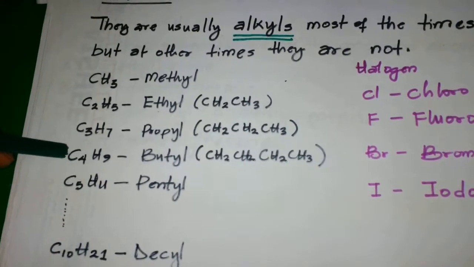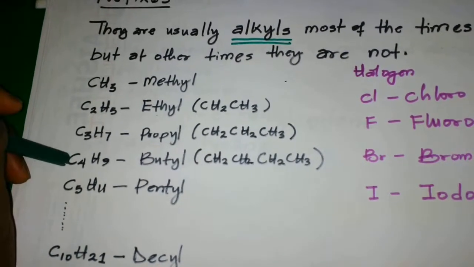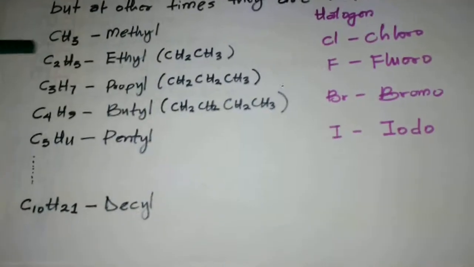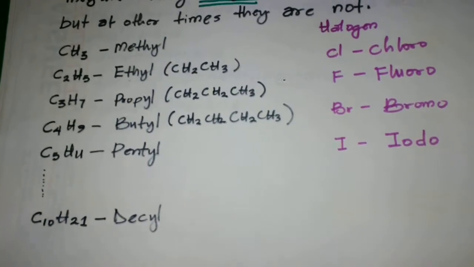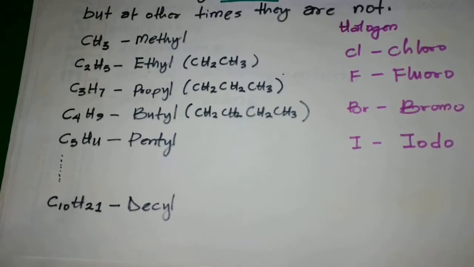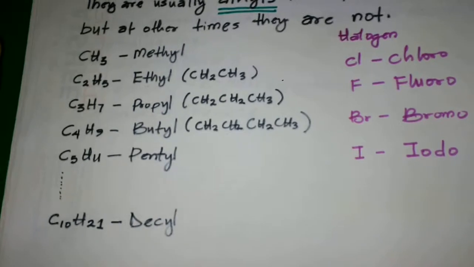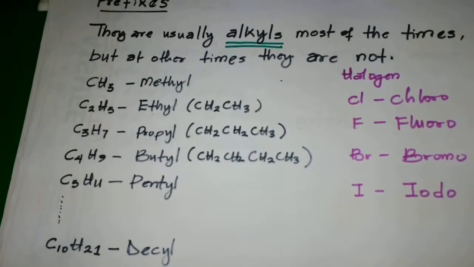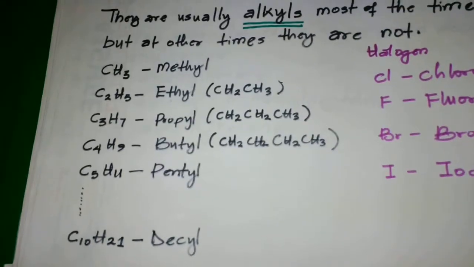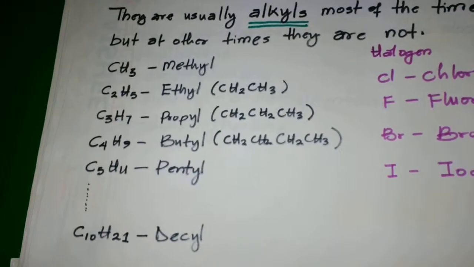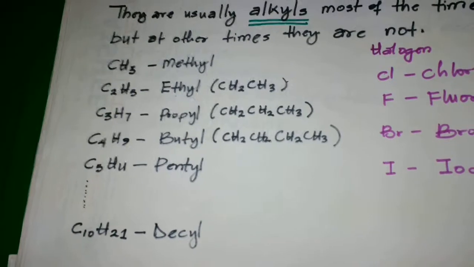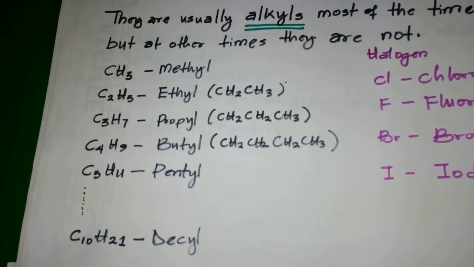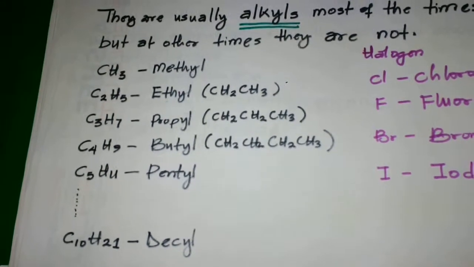Fourth one is butyl, which is C4H9, and the fifth one is pentyl, C5H11, up until the last, the 10th one rather, which is decyl, which is C10H21. So how we come by the alkyl groups is that we remove one hydrogen from a corresponding alkane.